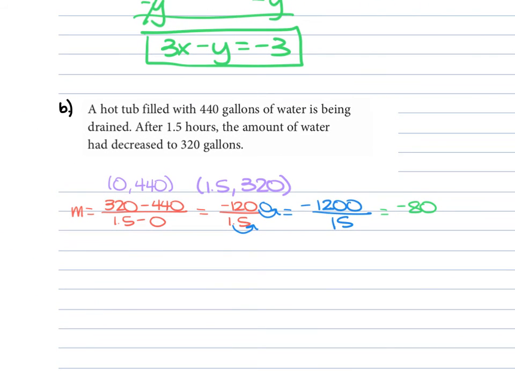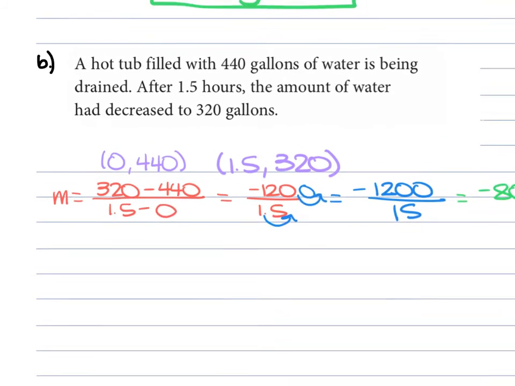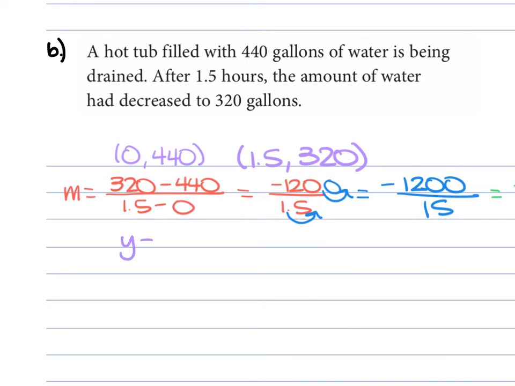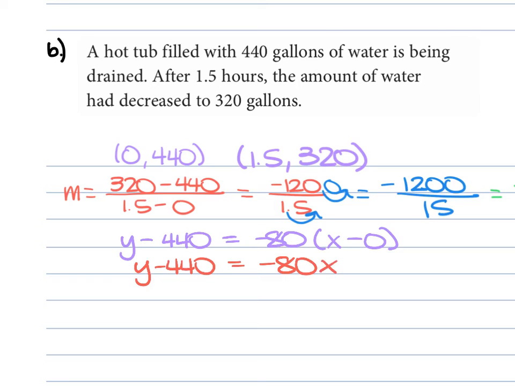Then we can use one of these 2 points, which I'm going to use 0, 440, and plug it in. So we have y minus 440 is equal to negative 80 times x minus 0. x minus 0 is x, so y minus 440 is equal to negative 80 times x.